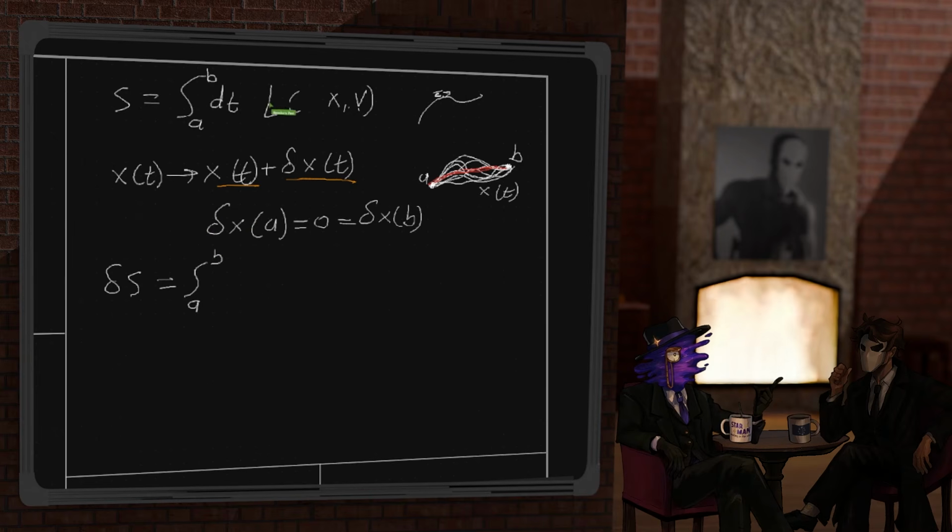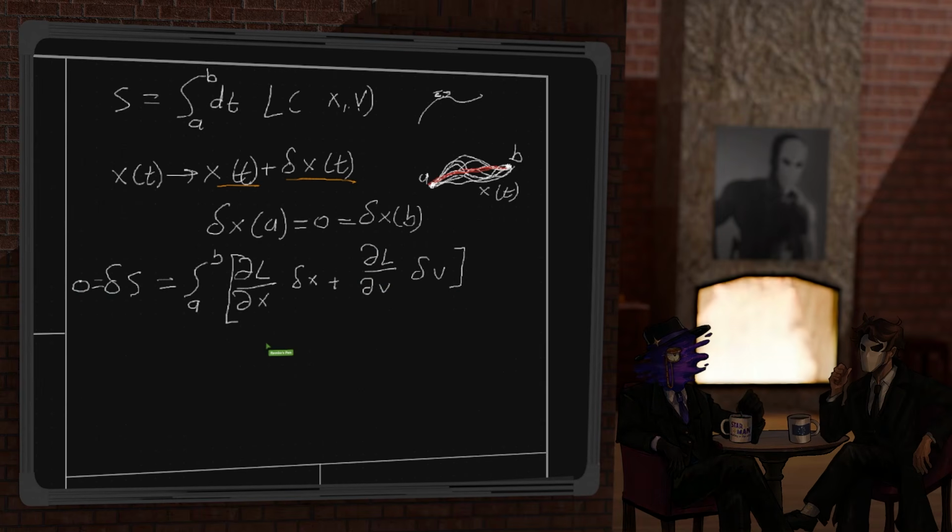We just know it's a function that depends on these x and these v. So if we want to see its change, we will need to see how it changes with respect to x, and how it changes with respect to v. And we want this to be 0 because that's what it means to be at an extremal value. That's what it means to be at a minimum or a maximum.